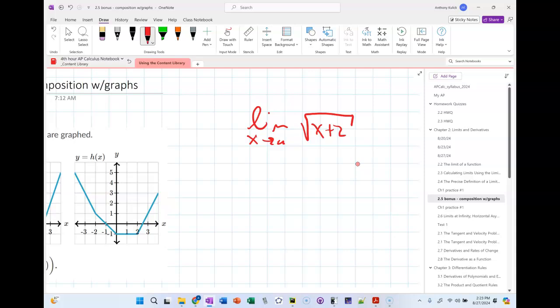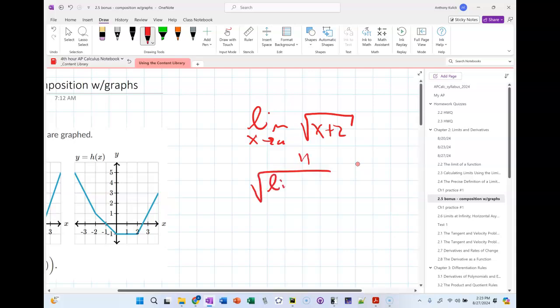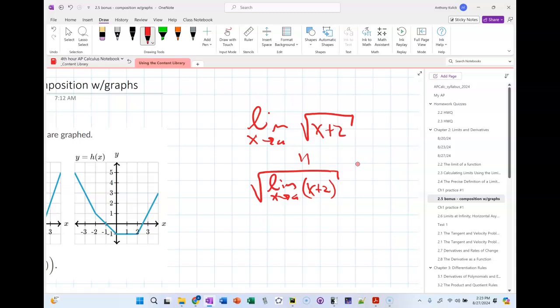Everybody's okay? And we've seen that, okay, to do that, we can just push the limit underneath the radical and do that, right?